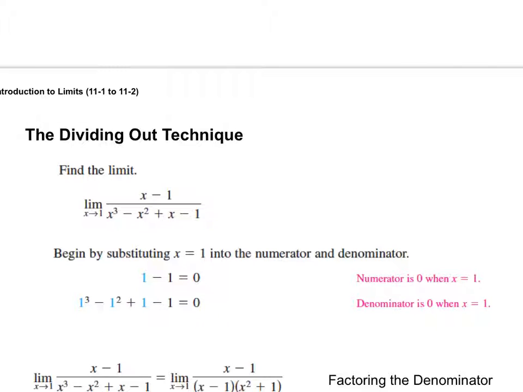Now, how did we identify holes back when we were doing rational functions? You would factor it, and if it was a hole, you would be able to cancel out the factor in the denominator that gave you that element that wasn't in your domain, right?